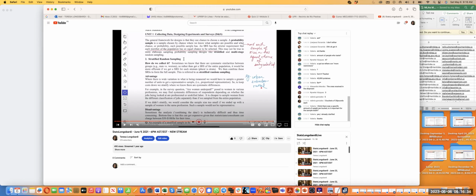Otherwise, likely no one from the country. You would analyze those groups separately and report them separately. But the point is that you want them represented, and you can figure out how to combine them to represent the country, or the island of Puerto Rico, for instance.